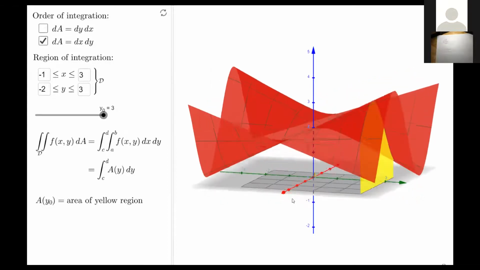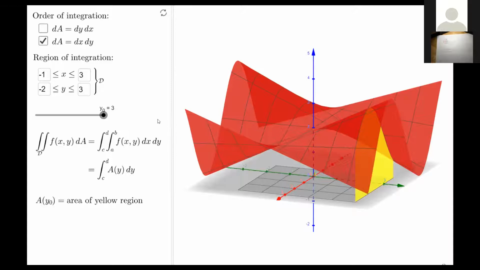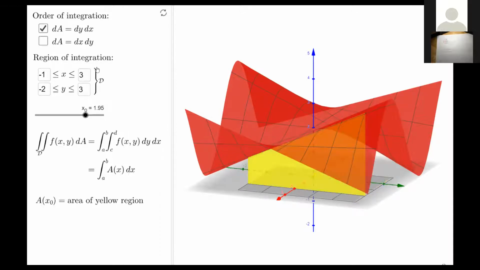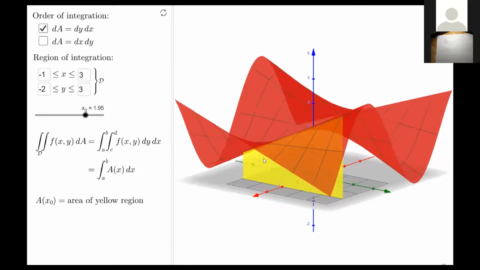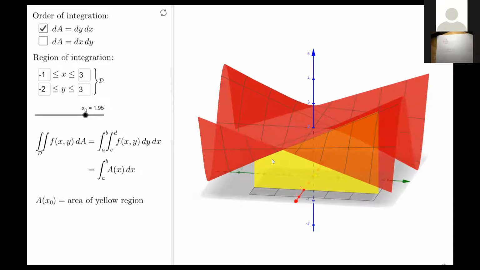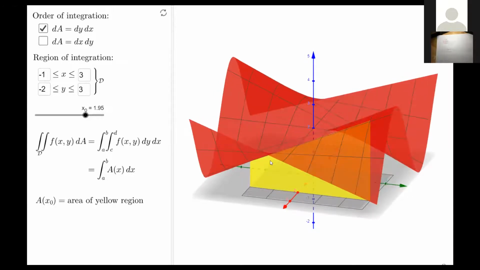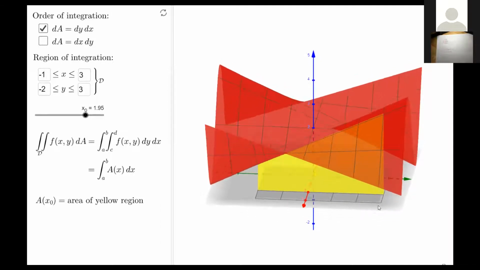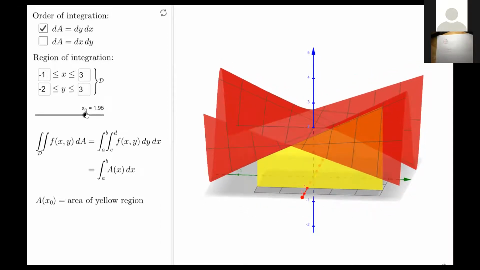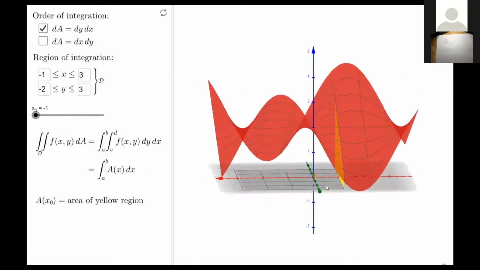On the other hand, if I first evaluate the integral in terms of y, then I take x to be a constant. When I take x to be a constant, that means that I'm taking a plane parallel to the yz plane, and by intersecting this plane with the surface, right?